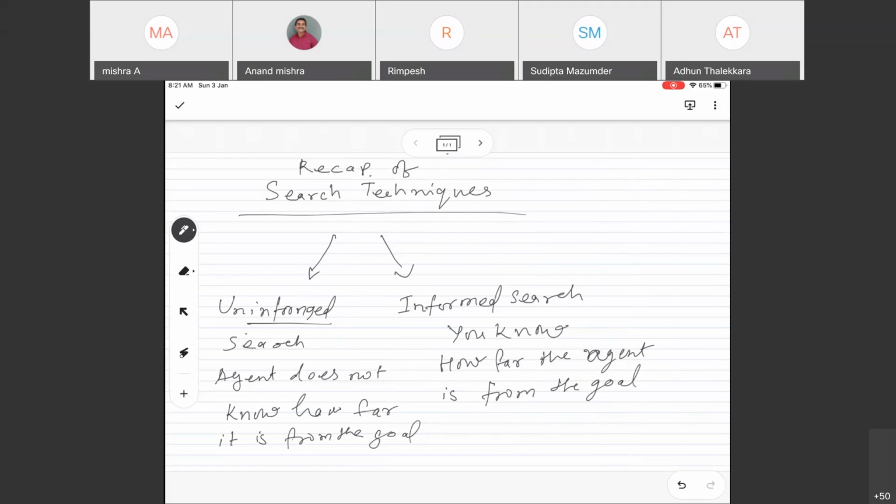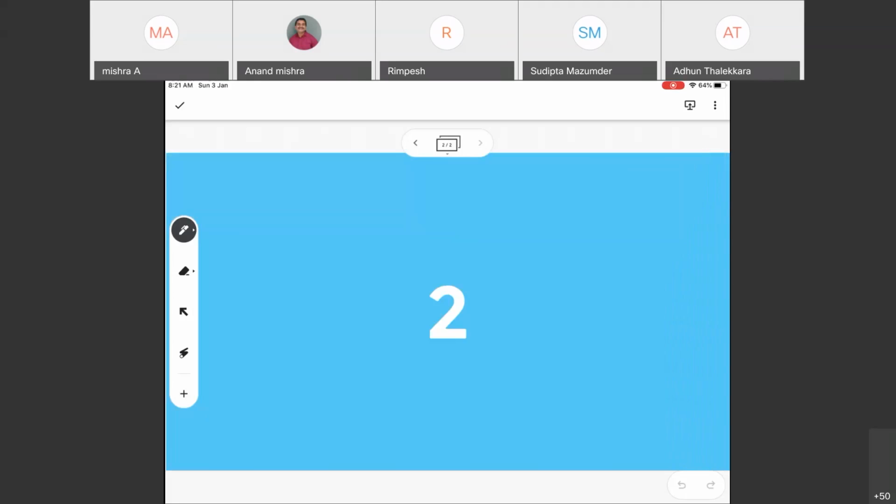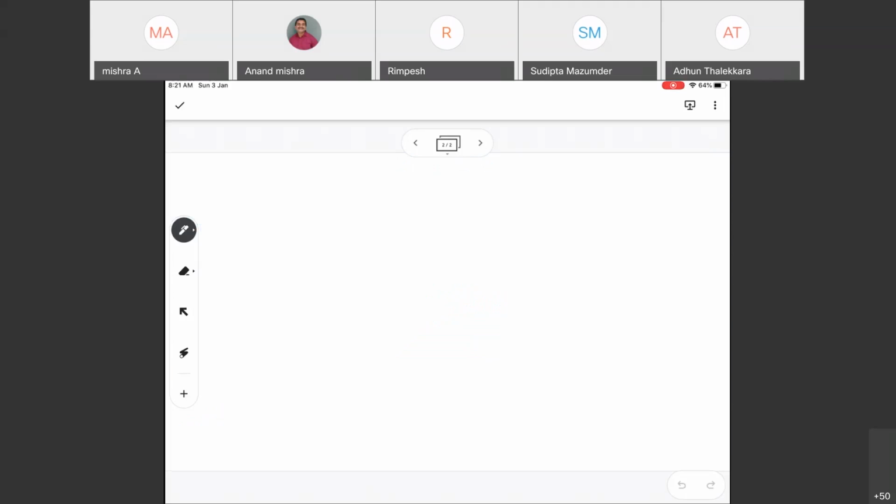For example, techniques like BFS or DFS, the popular techniques, really don't know where things are. So let's say this is city A, city B, city C, D, E, and let's say E is the goal. So let me mark it like this. So this is the goal.